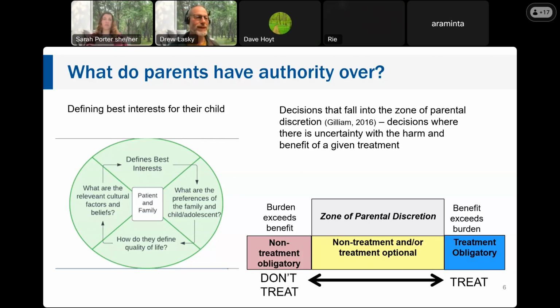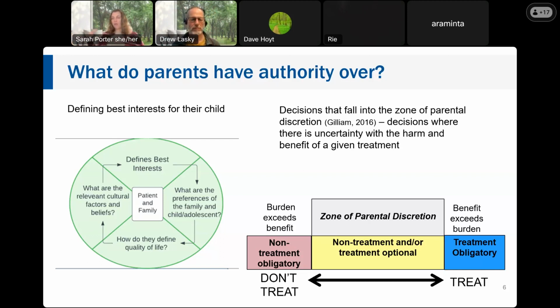Additionally, parents have decision-making over decisions that fall into what's called the zone of parental discretion. This is not what Drew and I have come up with. This was the work of Lynn Gillum, published back in 2016. We do have a reference list at the end of the presentation. The zone of parental discretion is the middle area between where treatment is obligatory and benefit greatly exceeds the burden, and that's where we treat.